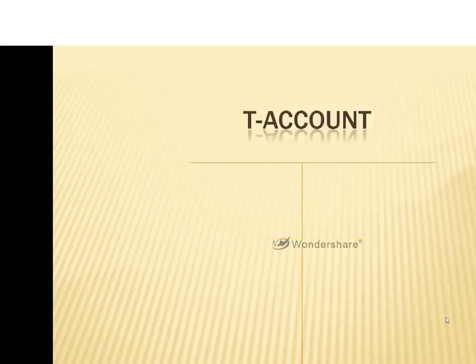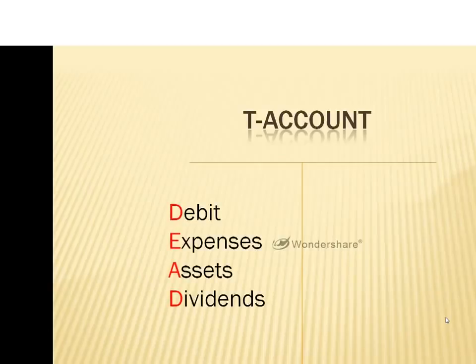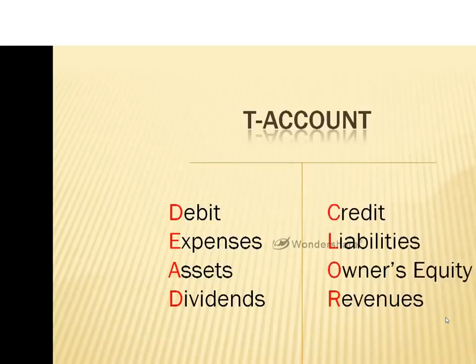So if we bring this into the T account, we can see that this account has been set up to look like a T. The book has said in their roundabout way that all debits go on the left side of our T account and all credits go on the right side of our T account. So if we look at this and we put our acronyms in, each time we want to increase an expense, we are going to debit it.